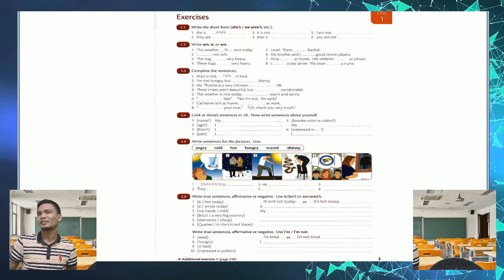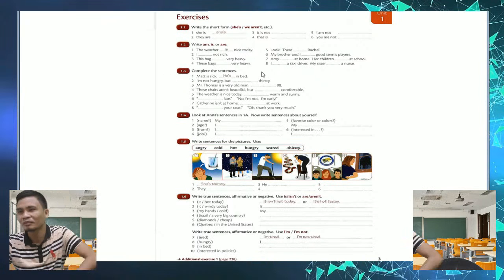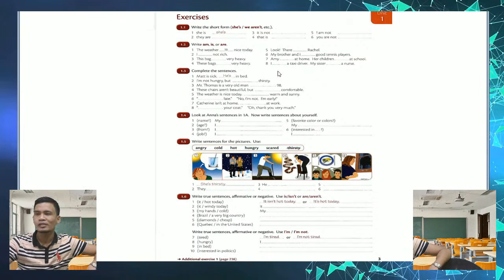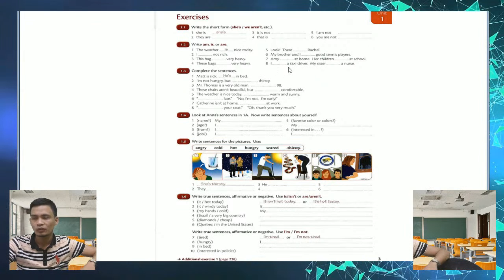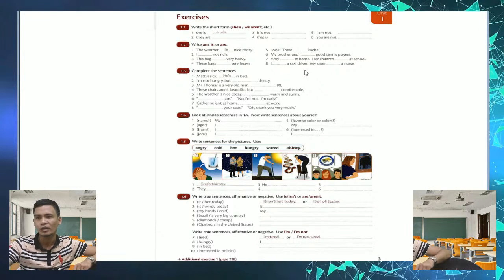For the first sentence, I blank a taxi driver, the correct answer is, I am a taxi driver. My sister is a nurse. So that will be all for the 1.2 exercises.